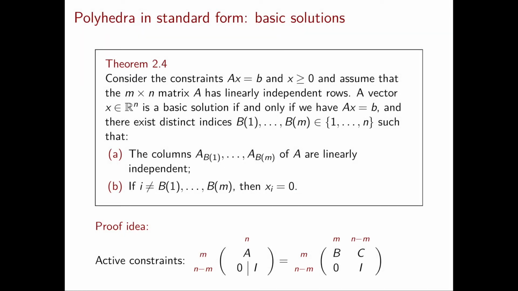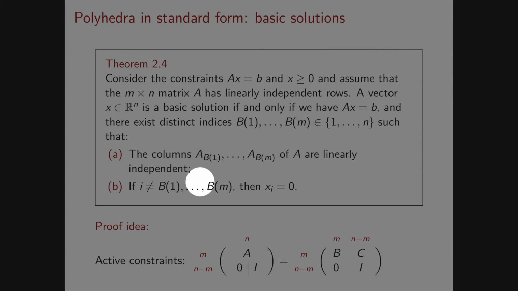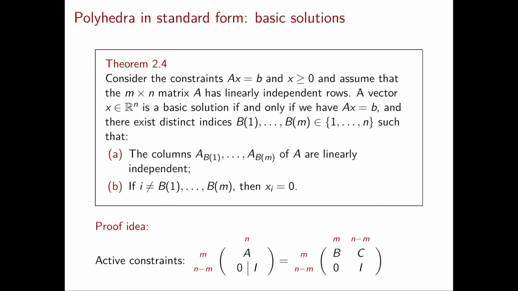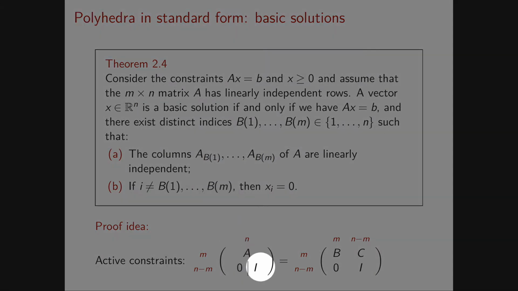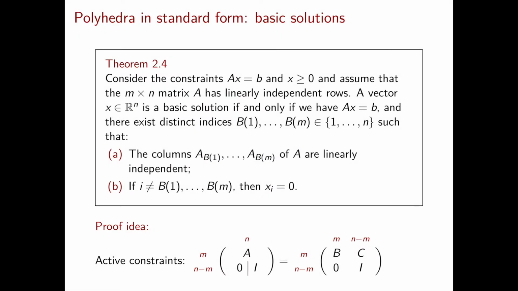So the argument I gave you is just a proof sketch of this theorem, and in particular I made this assumption that B1 until Bm are exactly the indices 1 until m, which on the one hand allowed me to give a very clean argument, but on the other hand it's not entirely clear why I can do that. So I encourage you to write down a complete proof of this theorem, and this consists in expanding the argument that I've given you.